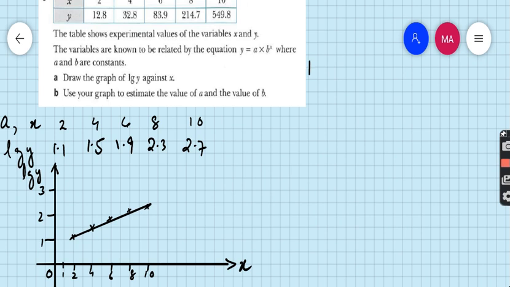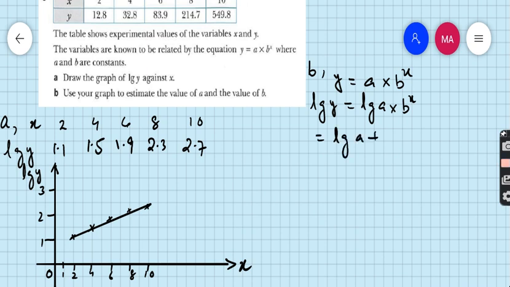Come to part B. Use your graph to estimate the value of a and the value of b. Take the equation y equals a into b power x. Taking log on both sides, log y equals log a into b power x. Log a plus log b power x.